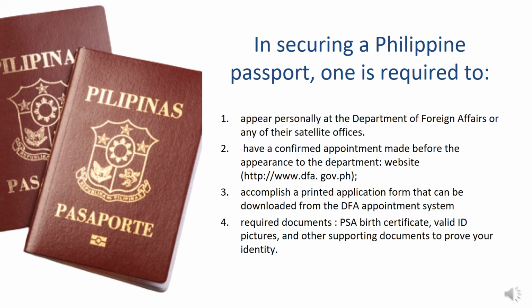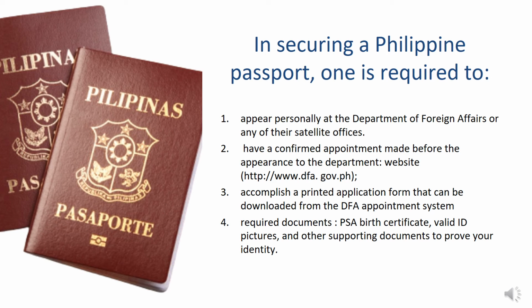In securing a Philippine passport, one is required to: 1. Appear personally at the Department of Foreign Affairs or any of their satellite offices. You cannot just visit their office anytime you want. 2. Have a confirmed appointment made before the appearance to the department.